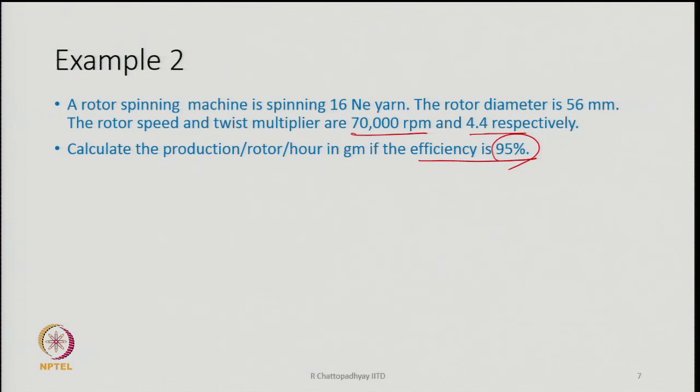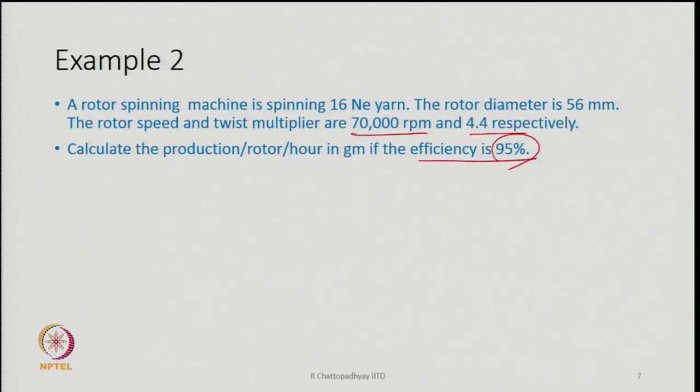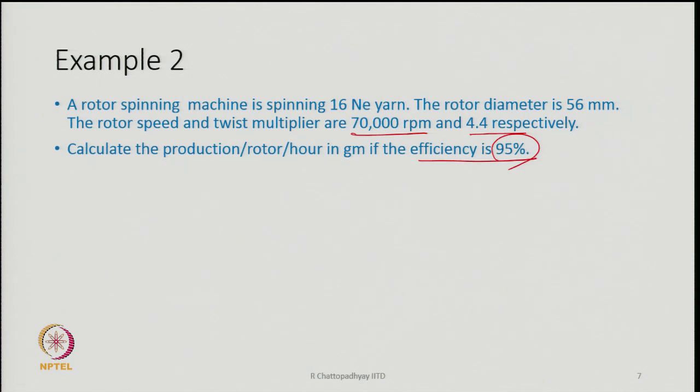So, if I say in an hour how many minutes the rotor did not run, what will be the value? In 1 hour, how many minutes did the rotor not produce any yarn? What will be that figure? Take some time and calculate per hour how many minutes the rotor was idle.